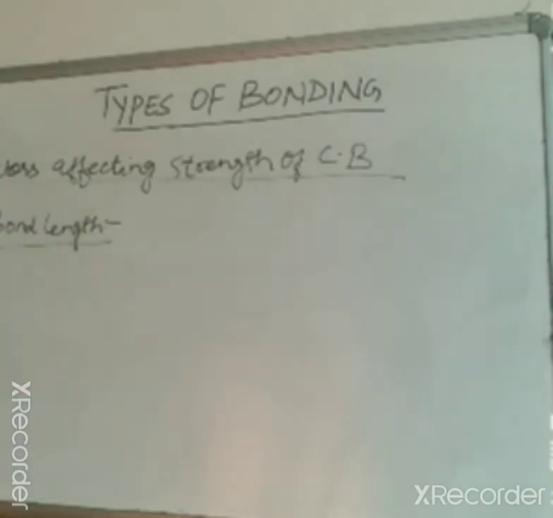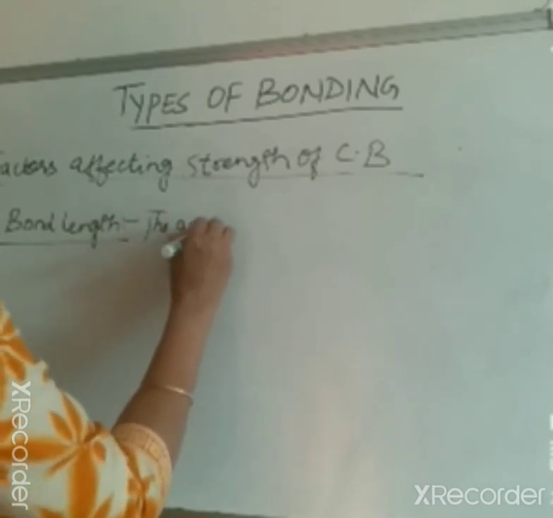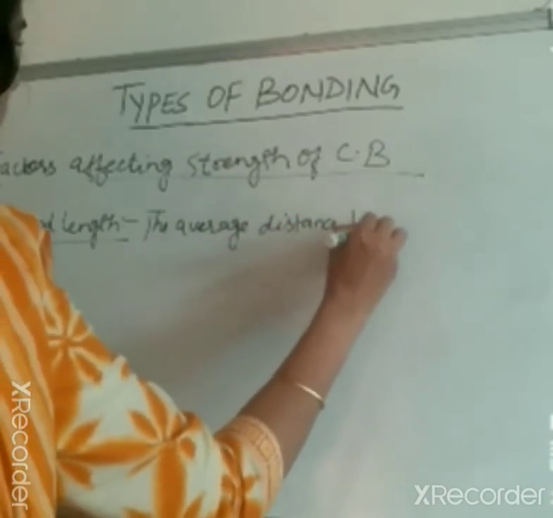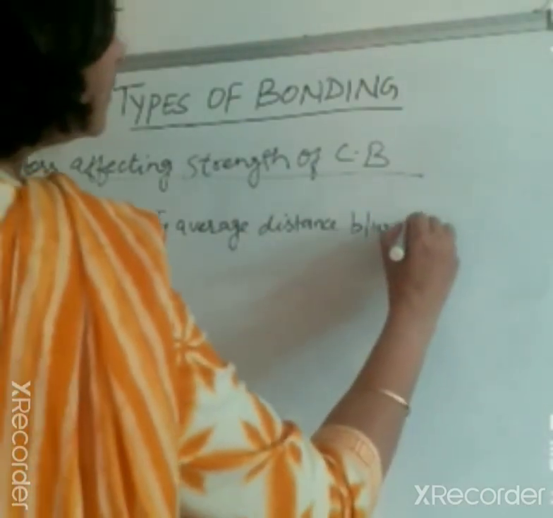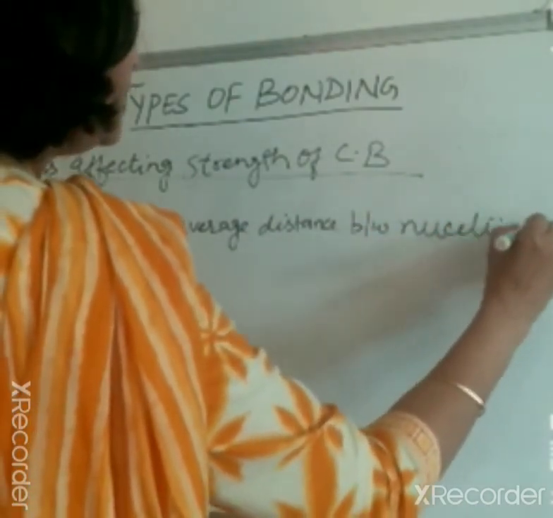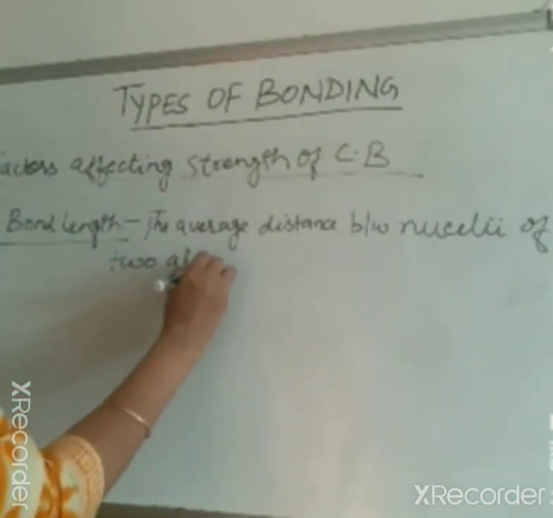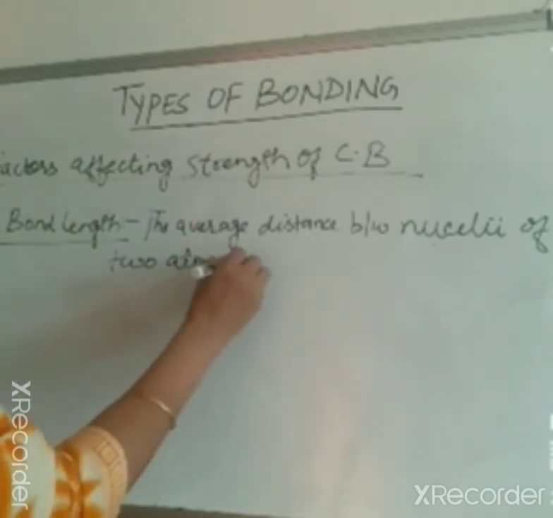What is this bond length? Bond length is nothing but it is the average distance between nuclei of two atoms which form bonding.